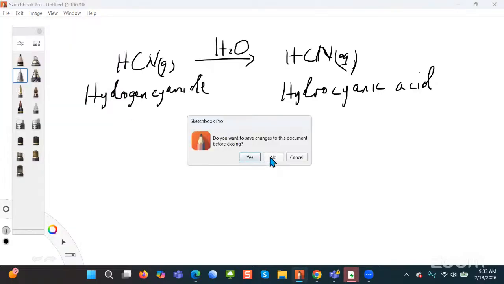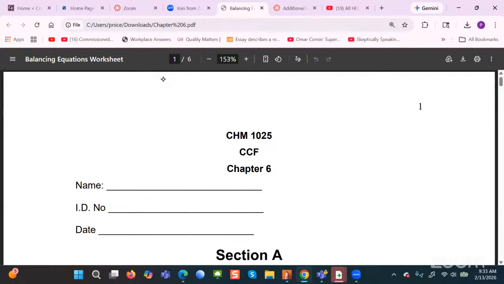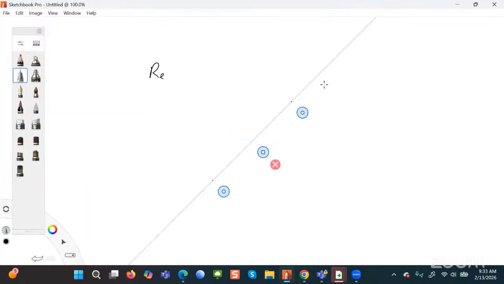in a typical equation, you have the formula for the reactants on the left side, right?